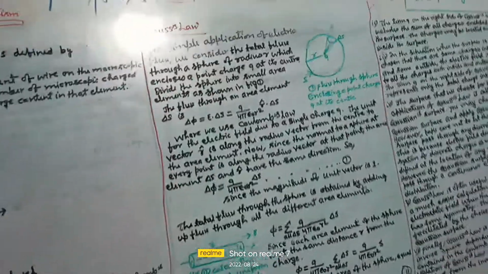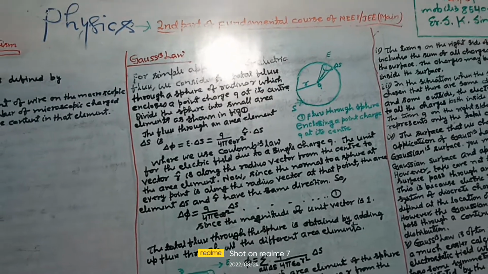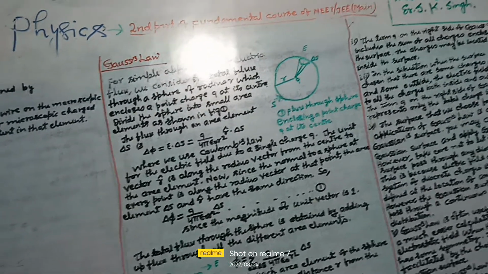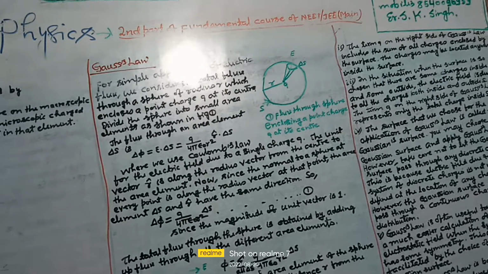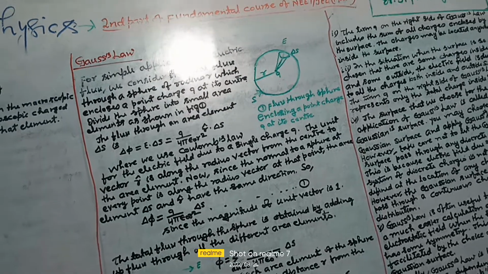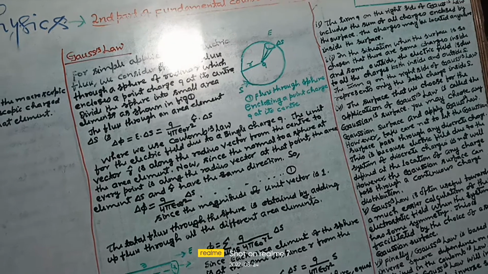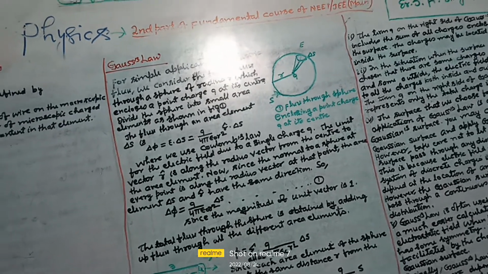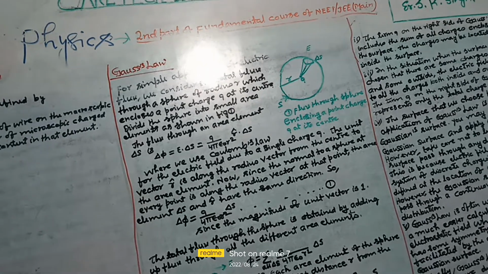Now, Gauss law. As shown in the figure, a spherical surface S is taken. The radius is R. Charge Q is at the center O. Delta S is a small element of area and E is the electric field.